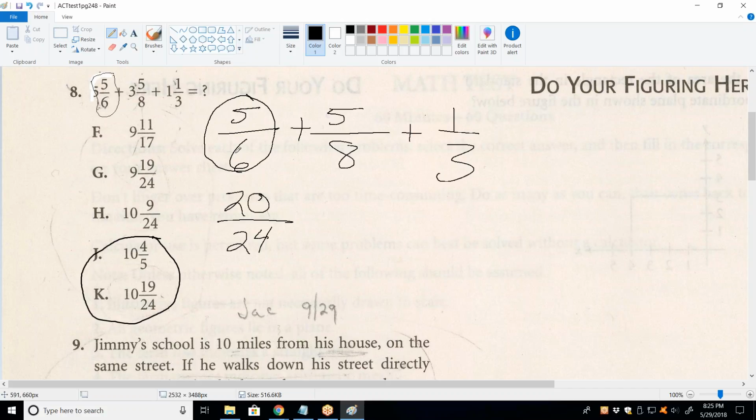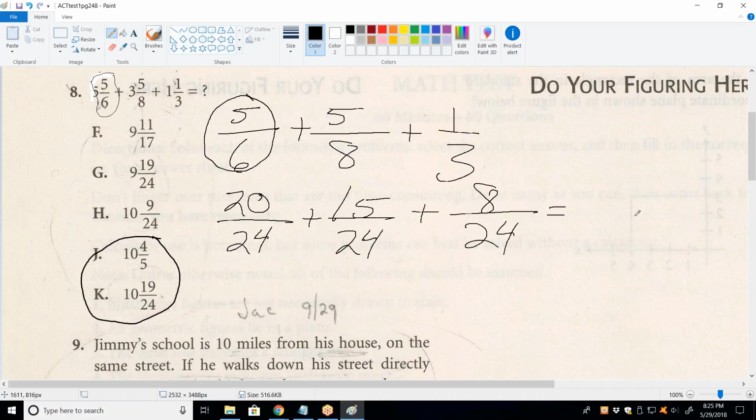What you do is you divide 6 into 24, take your result, and multiply it by the numerator. Okay? So how many 24ths is 5/8? 3. So 15 over 24. And how many 24ths is 1/3? 8. So 8 over 24.